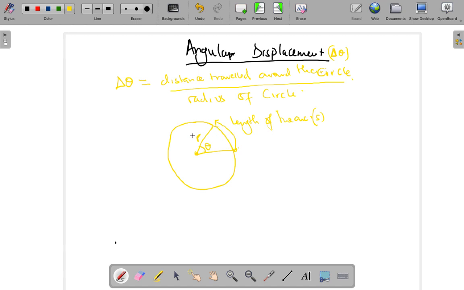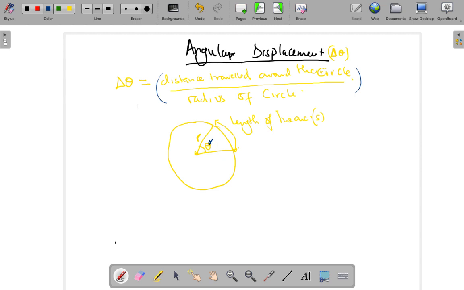Okay, so basically this is angular speed. The change here is given by this relationship that I've written, and basically that's it. We shall talk about it more in our next video as we continue.